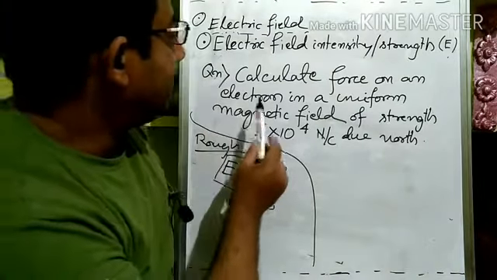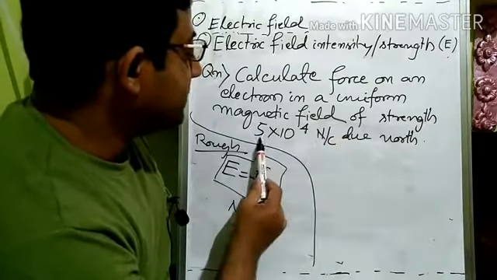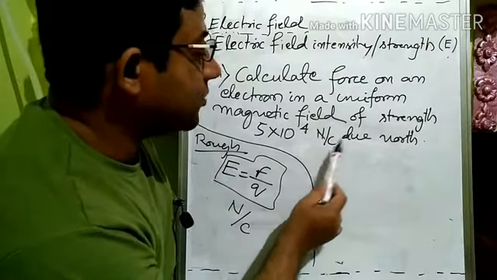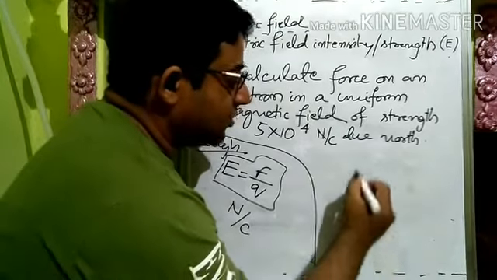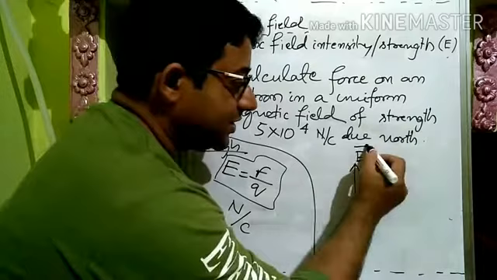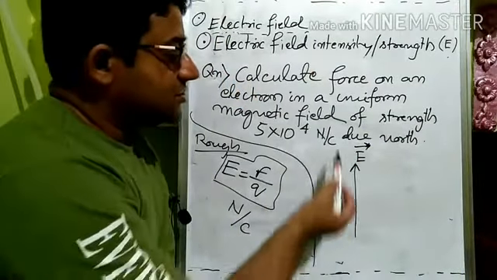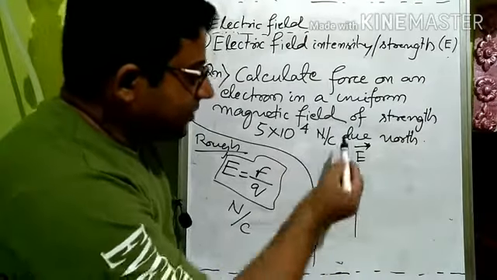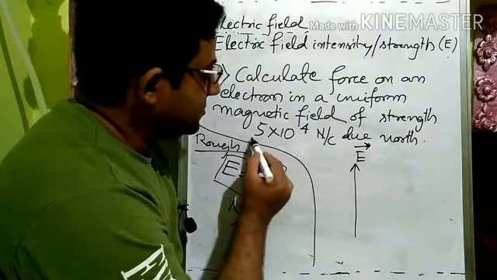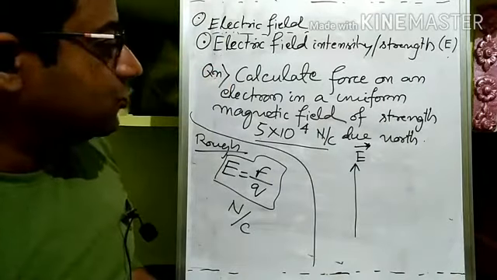It is saying calculate the force on an electron in a uniform field of strength 5 into 10 to the power 4 Newton per Coulomb due north. So towards north there is an electric field. Electric field is a vector quantity, right? So it has a direction also. Towards north the electric field is there, and the magnitude is given in the question, 5 into 10 to the 4 Newton per Coulomb.